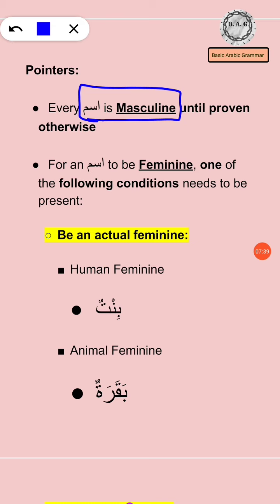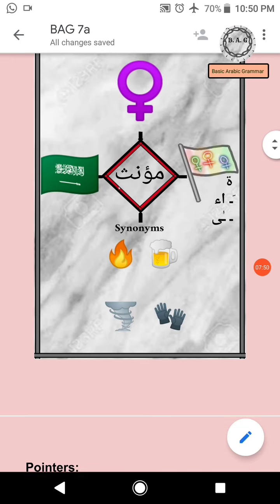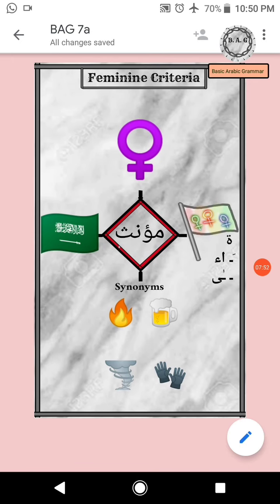So that was our first pointer. The other pointer is that for an ism to be feminine, one of the following conditions needs to be present, and it's these 4 conditions that I have summarized over here.